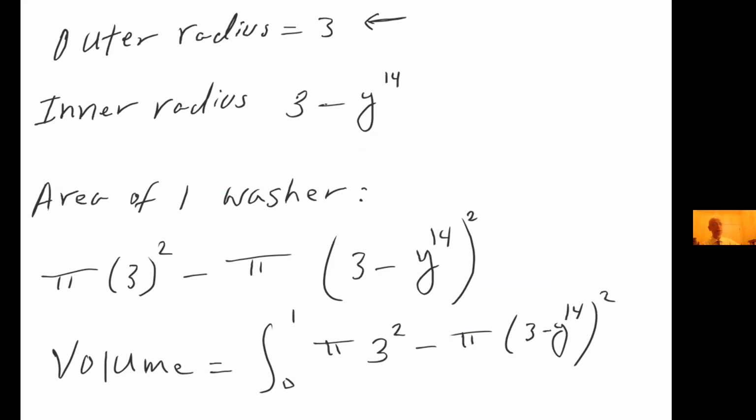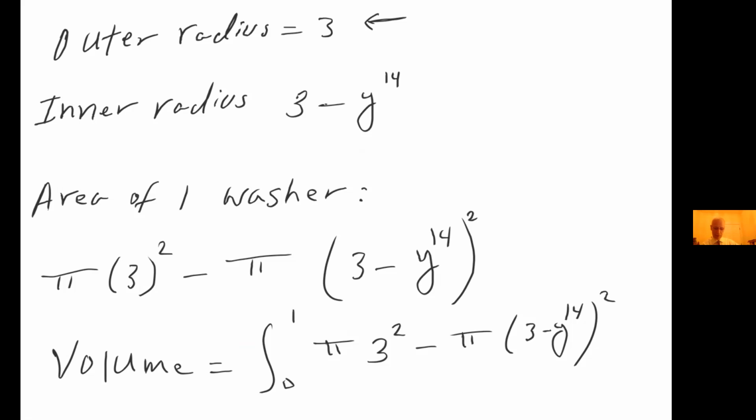The area of one thin washer is the area of the outer circle, which is pi r squared, minus the area of the inner circle, pi times (3 minus y to the 14th) squared. And what's the volume?